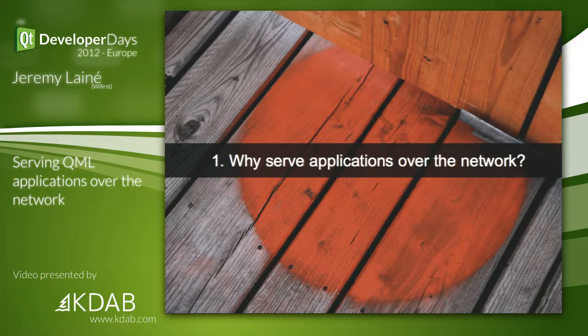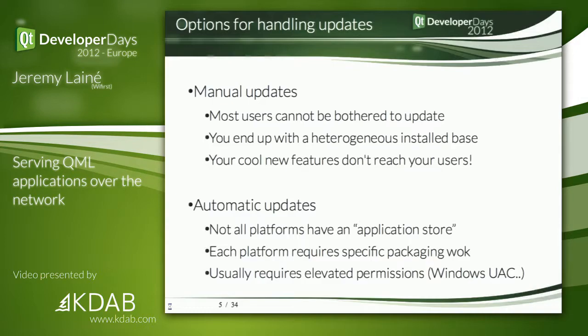And so, what are the options for handling the updates of your application as new releases, as new versions come out? The first way you can go is to count on your users to maintain their application up to date. But the sad truth about this is that a lot of users just cannot be bothered to download the application.